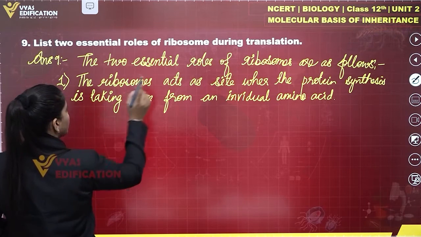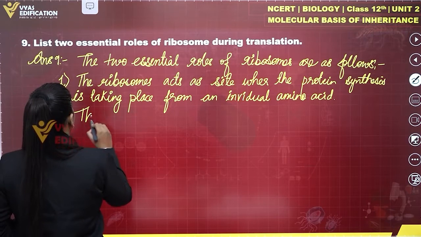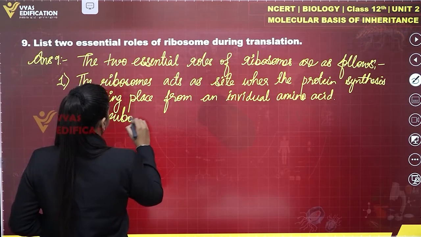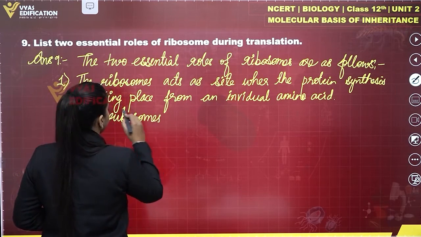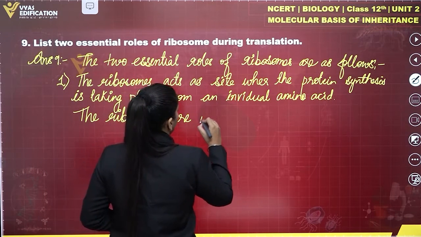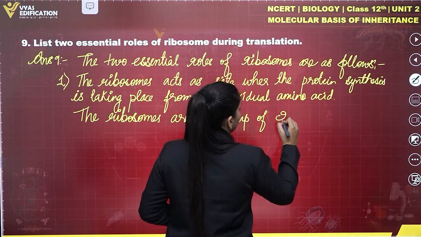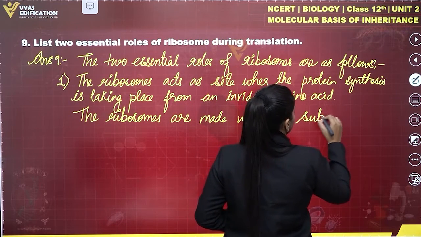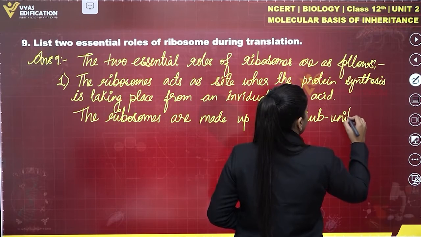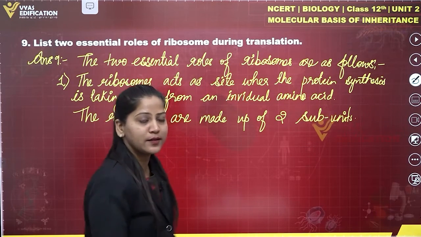Also, if we talk about the ribosome, the ribosomes are made up of 2 subunits, the larger subunit and the smaller subunit.